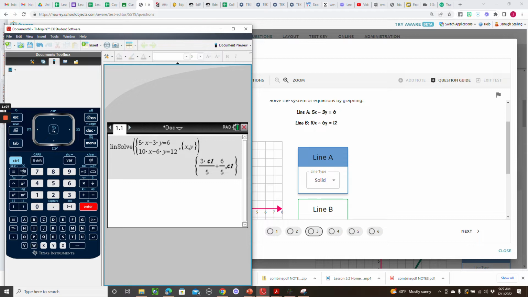Okay? So our next option, because we have to graph these, is to find the x and the y intercepts. To find the x-intercept of line A, 5x minus 3y equals 6, I can make that y a 0, and that's going to equal 6.